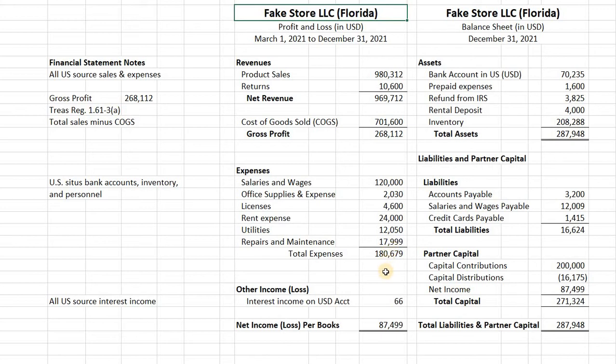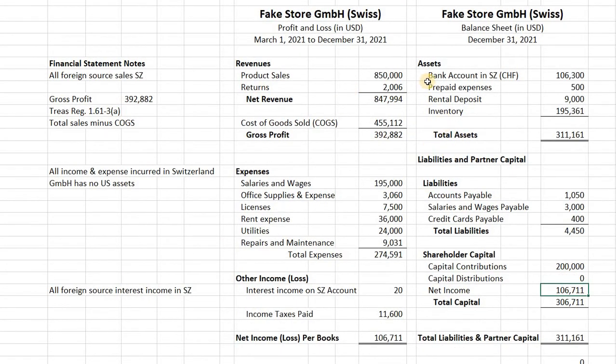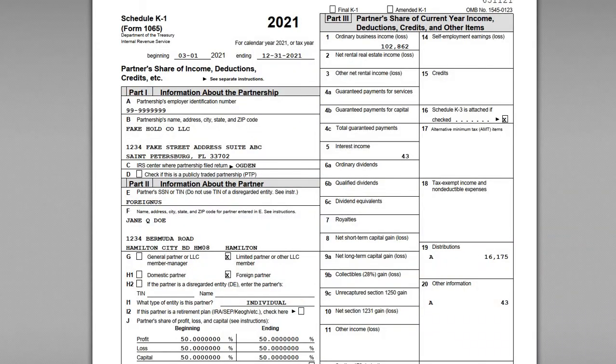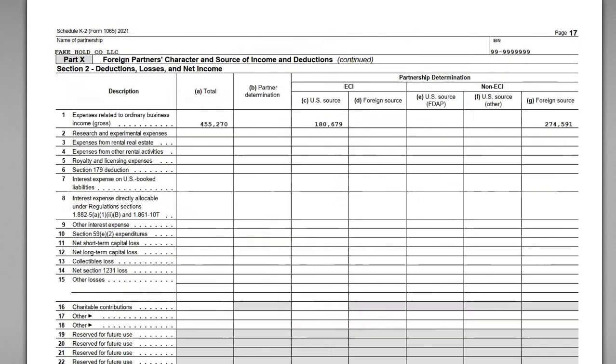Because it is effectively connected income, but it's not allocated to a non-resident. It's being allocated upstream to John, who's a U.S. citizen. And with the Swiss entity, we're going to see the opposite, right? We're going to see this treated as foreign branch category income, which is being allocated equally between the partners. And then each of the partners is going to share equally in the amount of income taxes paid as a foreign tax credit, right? Okay, so let's go back to the return and let's actually start looking at K2.